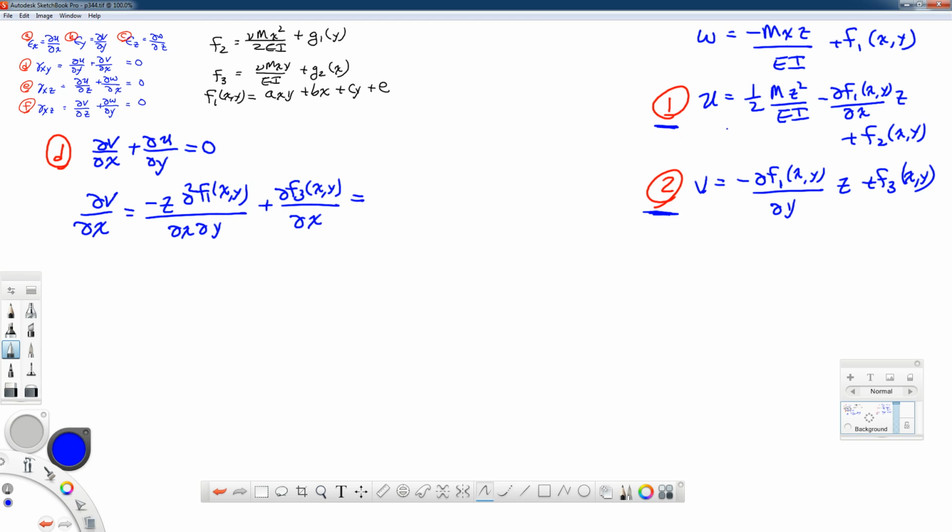Okay, so now we're going to go to equation 1, and we're going to take the partial derivative of this with respect to y. And let's see what we've got here. We get no contribution from the first term. Okay, there's no x in there.